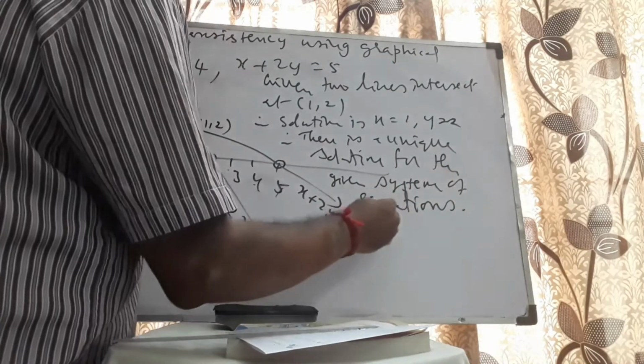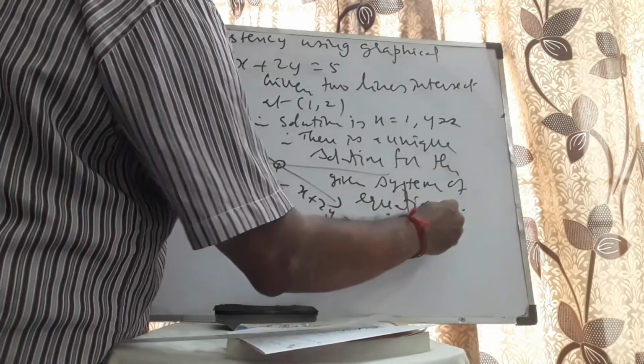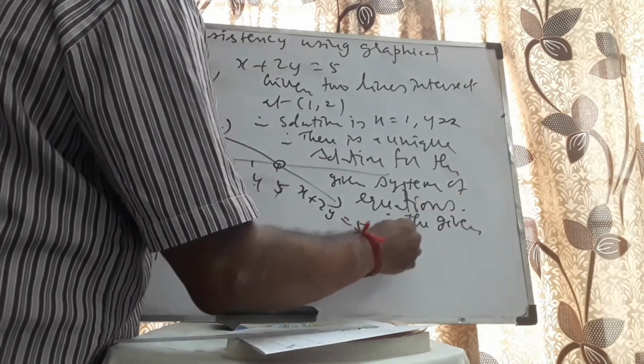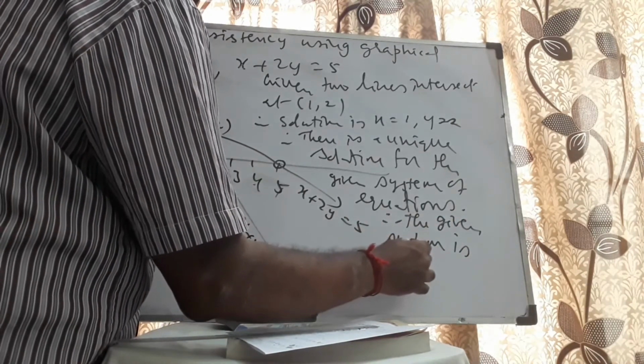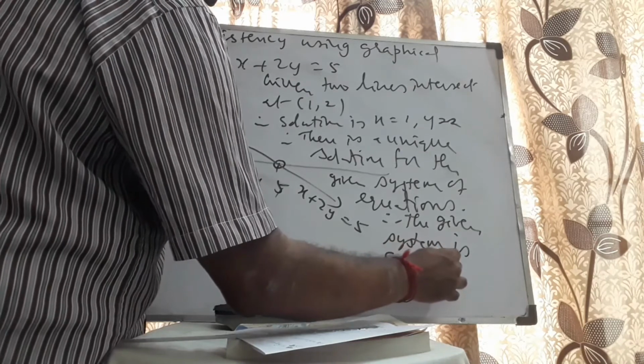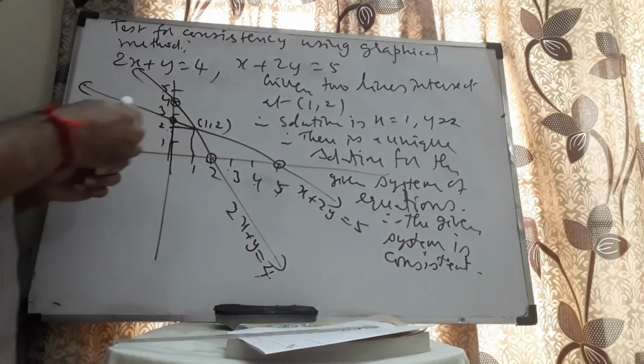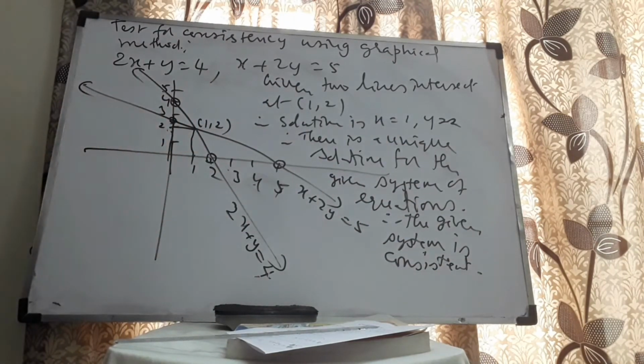Unique solution. Therefore, the given system is consistent. I already told you, if there is at least one solution, the system is said to be consistent. If there is no solution, system is said to be inconsistent.